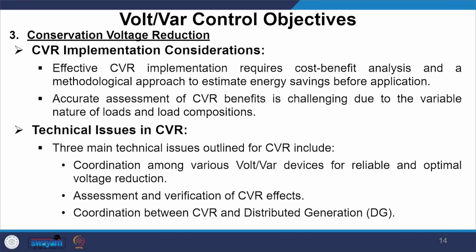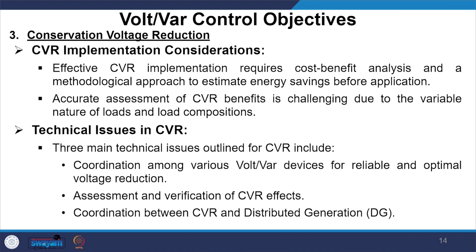Effective CVR implementation requires a cost benefit analysis and a methodological approach to estimate energy saving before its application. Accurate assessment of CVR benefits is challenging due to the variable nature of loads and load components.